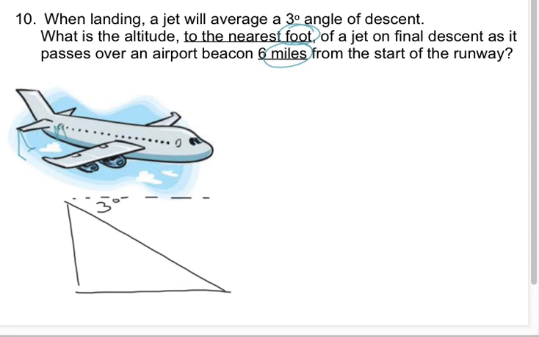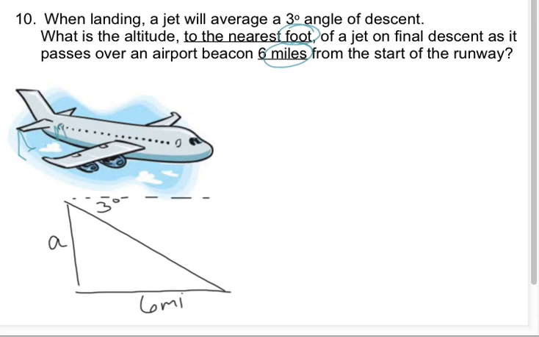So that would be here. And they also tell me that we want to find the altitude, so that would be here, that's my A, to the nearest foot, and it passes over an airport beacon 6 miles away from the start of the runway. Okay, so this is 6 miles.